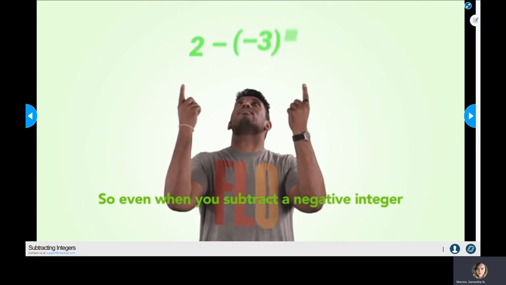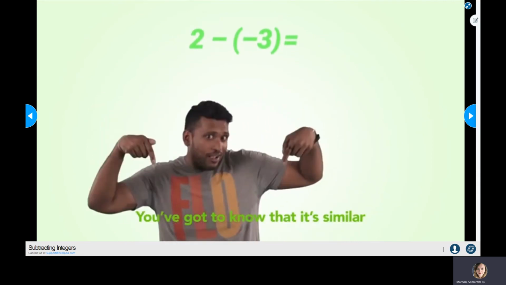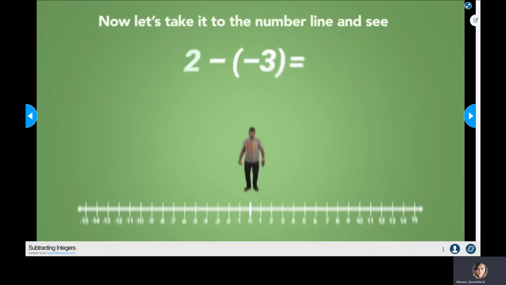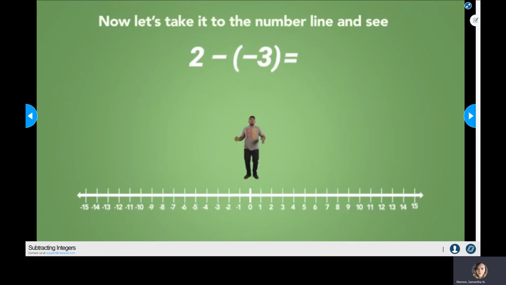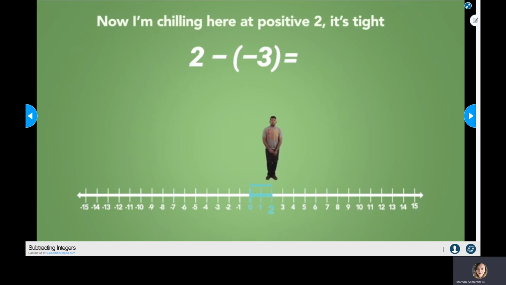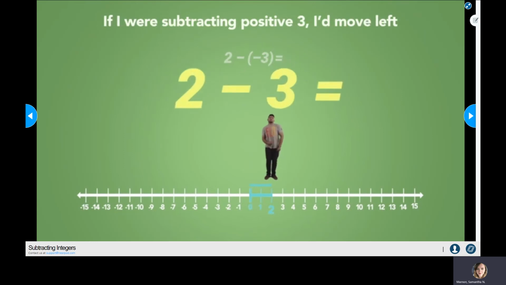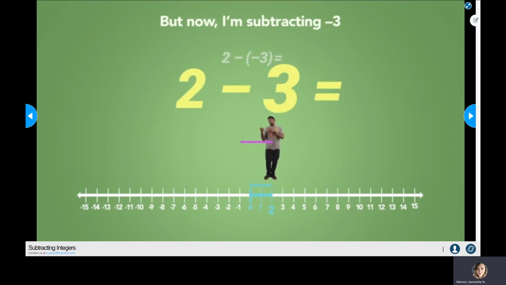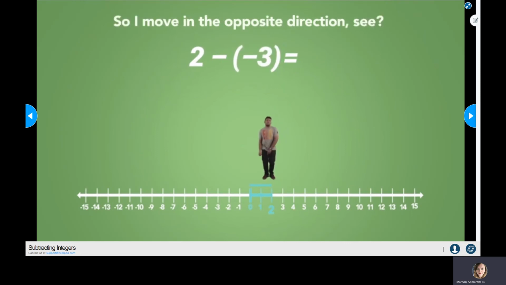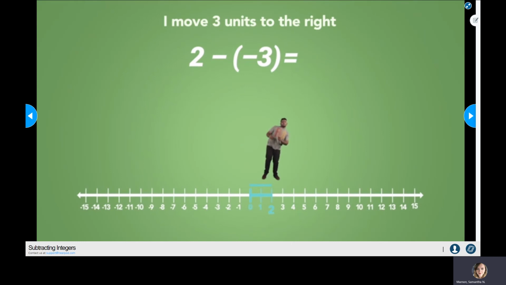Okay, so even when you subtract a negative integer, you gotta know that it's similar. I have 2 minus -3. Now let's take it to the number line and see. First I move 2 units to the right. Now I'm chilling here at +2. If I were subtracting +3, I'd move left, but now I'm subtracting -3. That's the opposite of 3, so I move in the opposite direction. I move 3 units to the right.